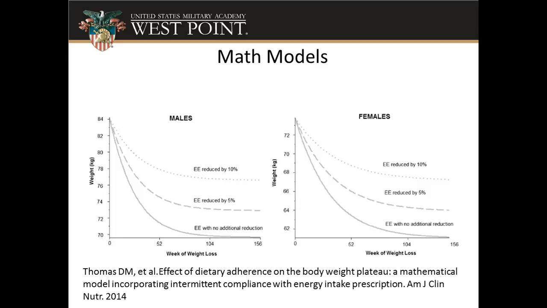And what you see is that in both males and females, the time to plateau, which is just over a year, is the same, even if your expenditures are reduced by 5% or 10%. You lose less weight, but the time to plateau is still the same at the same spot. So it's probably unlikely that your metabolism has slowed and caused you to plateau early.